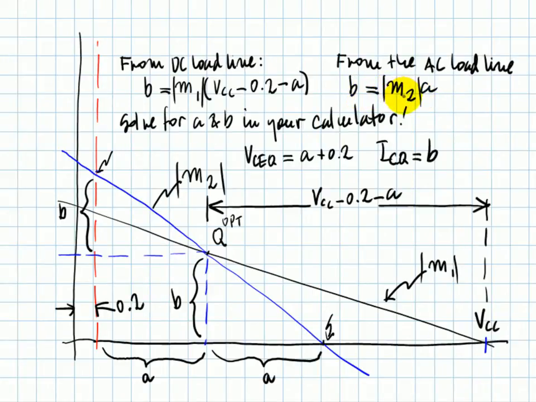B is absolute value of M2 multiplied by A. Two equations and two unknowns, A and B. Enter them in the calculator and just solve for A and B. And ICQ, the value of the collector current at the optimum Q, is just B. And who is VCQ? At this point, VCQ, that is just 0.2 plus A. Once you find them, you find your optimum point of operation.